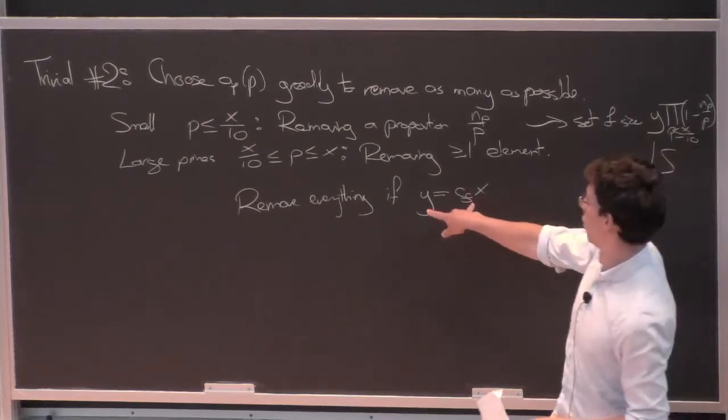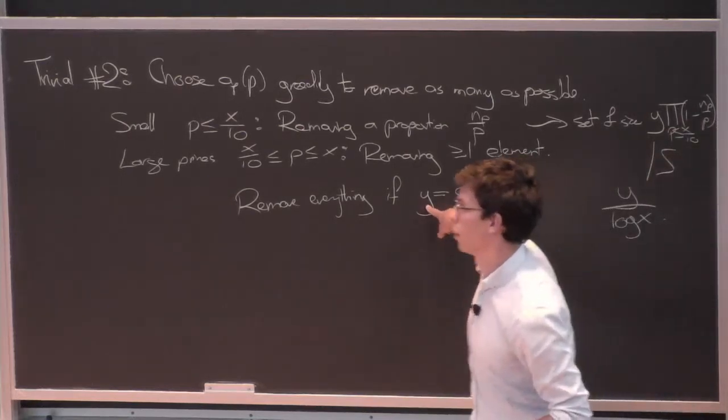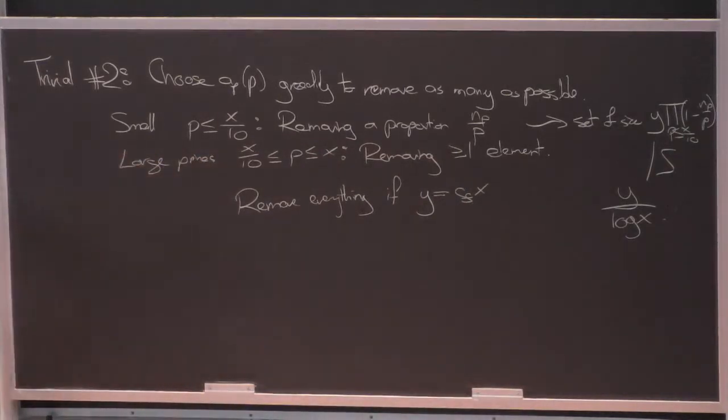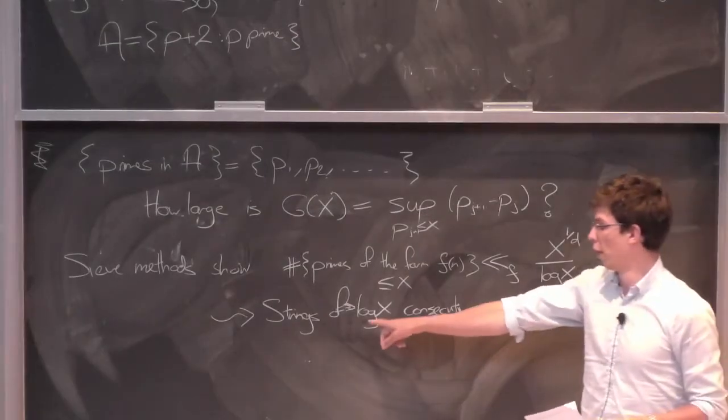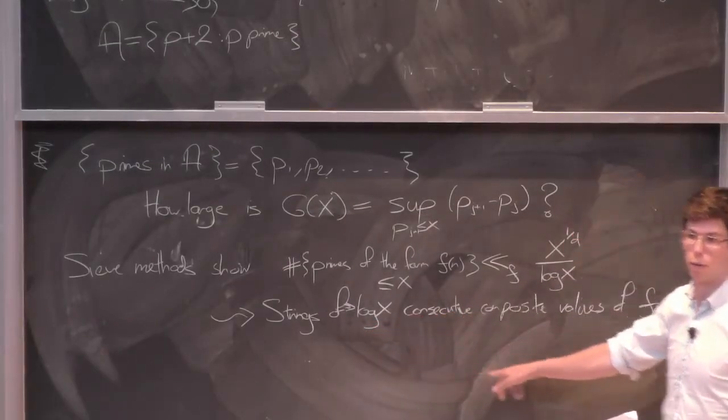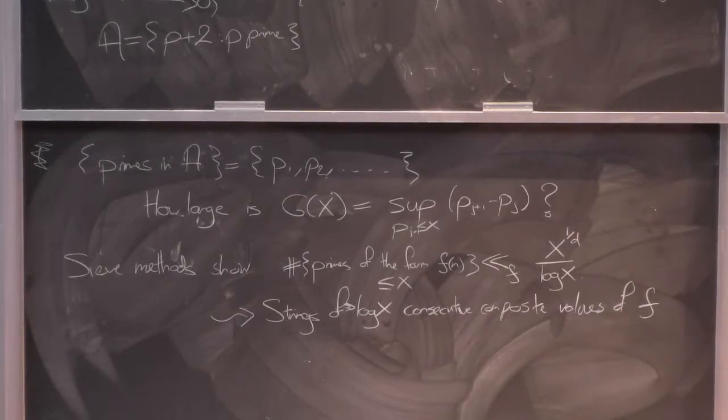And so when you translate this numerology back through this lemma, this gives you precisely this statement proven in a different way, that there are strings of about log x consecutive composite values of any polynomial. And so we now have two different trivial arguments that both prove the same result, which is just too weak by a little bit from what we want to prove.